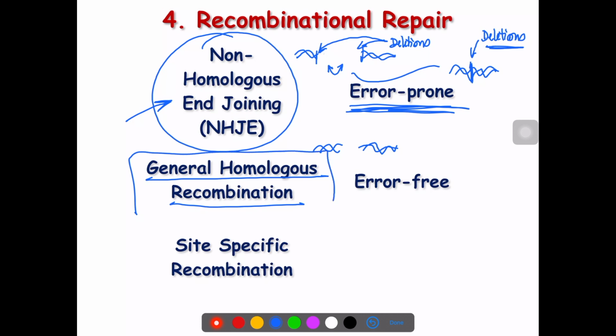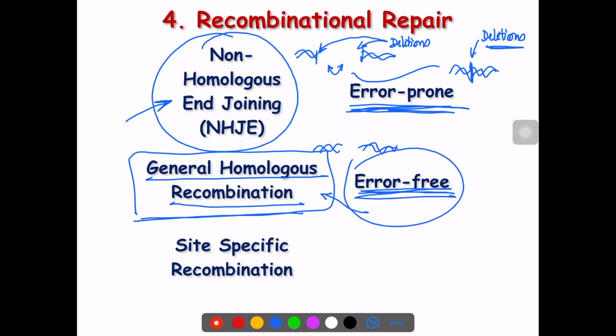And this mechanism of DNA repair is, for the most part, error-free. Meaning, if you invoke homologous recombination as the way to fix those double-strand DNA breaks, the resulting molecule that will be produced will be error-free.